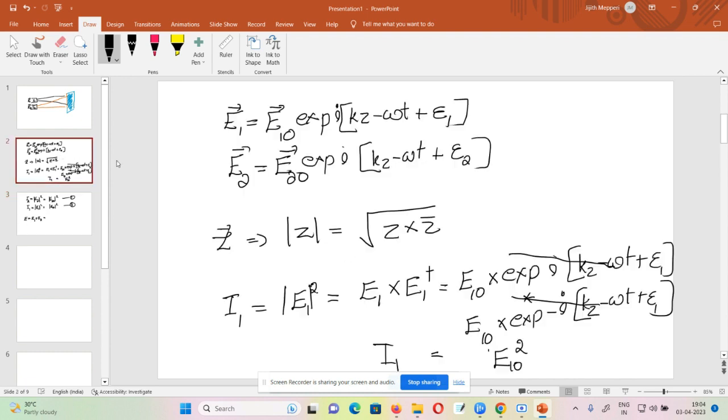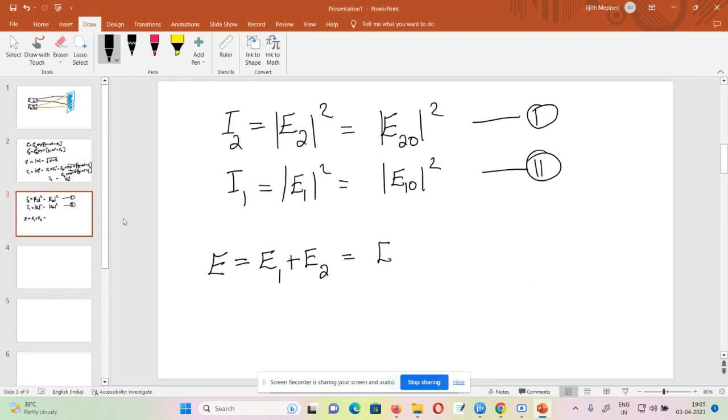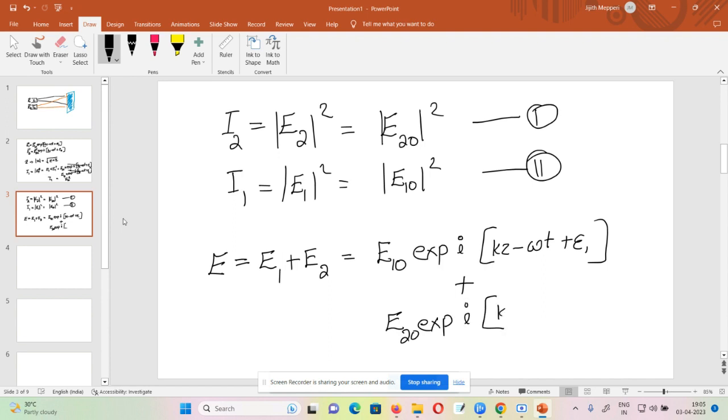E1 is E10 exponential i into (kz minus omega t plus epsilon 1), plus E2, which is E20 exponential i into (kz minus omega t plus epsilon 2).